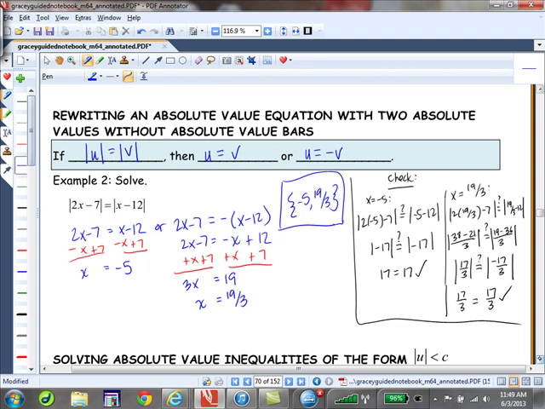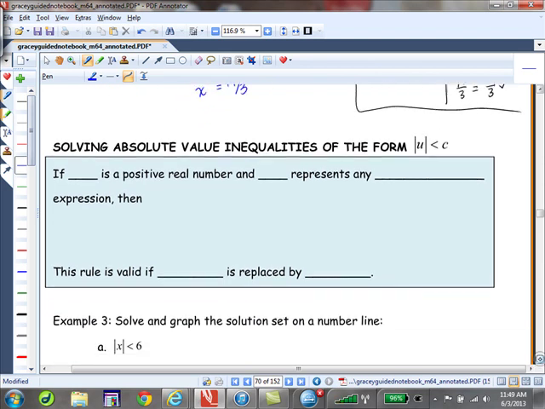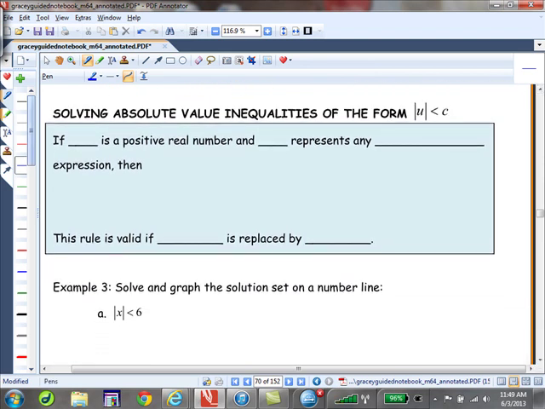All right. Now we move on to absolute value inequalities. So here we go.